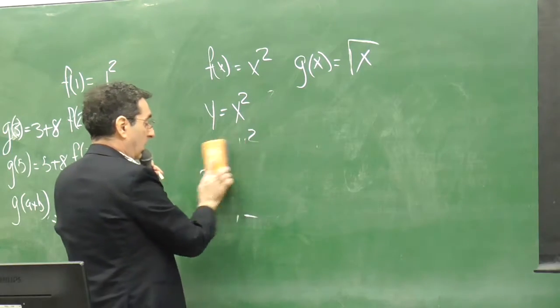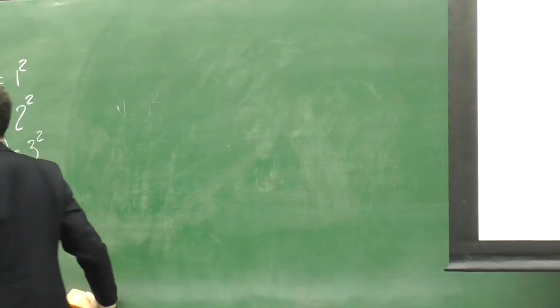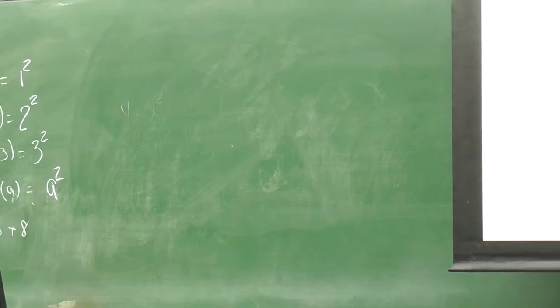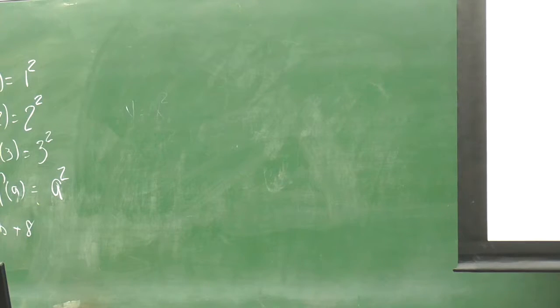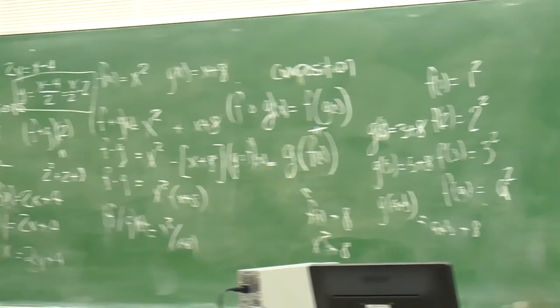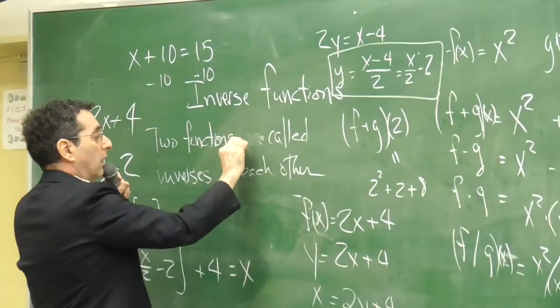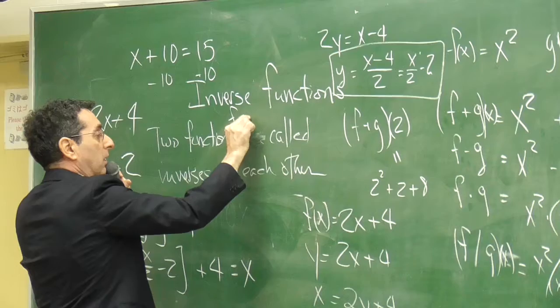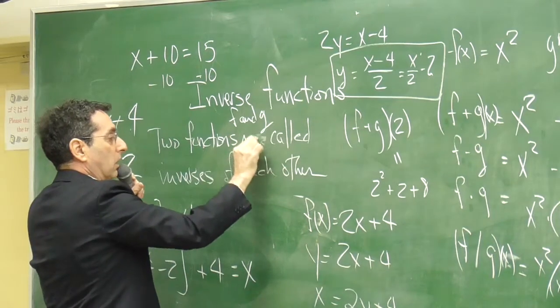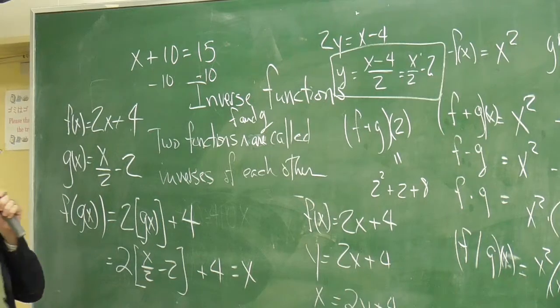Okay, any questions about this concept of inverse functions? So two functions are called inverses of each other if what? Let's say two functions, f and g, are called inverses of each other if what?